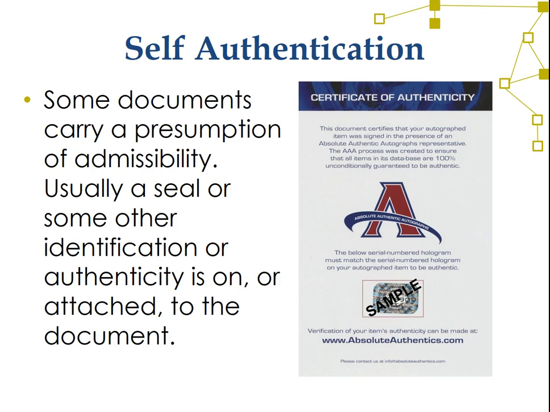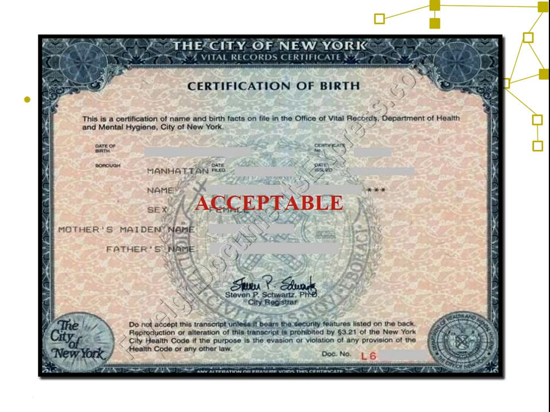You know, when you buy your favorite autograph that's on a baseball or on a football. Would this be self-authenticating? So again, some documents carry a presumption of admissibility, and they usually need a seal or some other identification or authenticity that's either on or attached to the document.